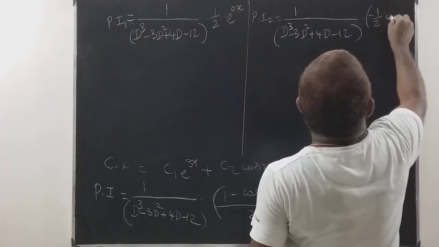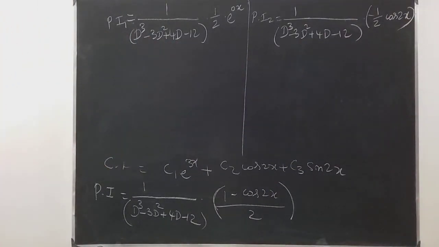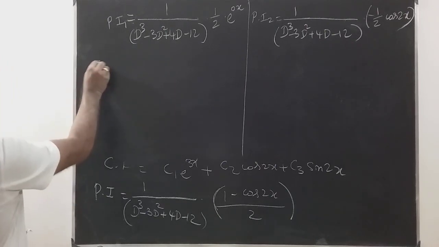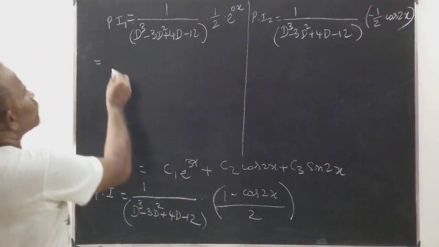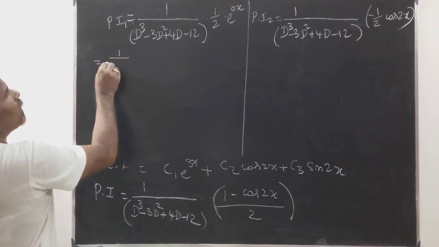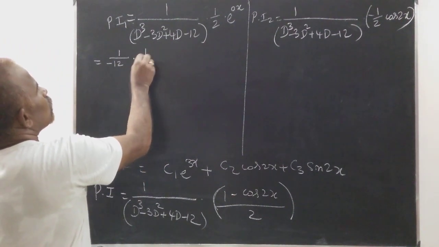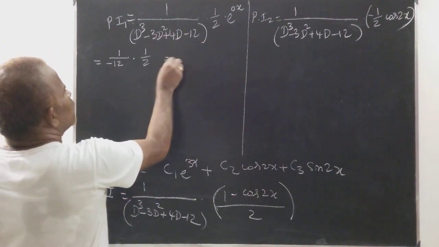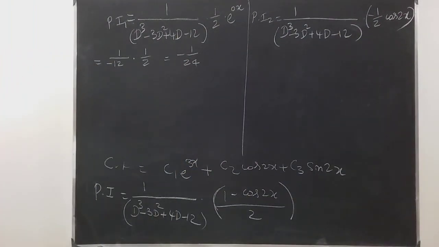Here replace all D by 0. So therefore we will be getting minus 1 by 12 into 1 by 2 e power 0. So therefore minus 1 by 24. This is particular integral 1.